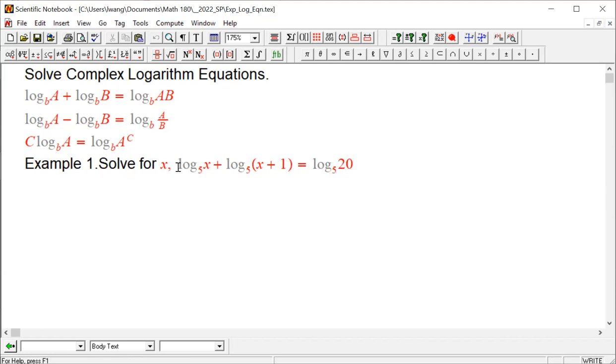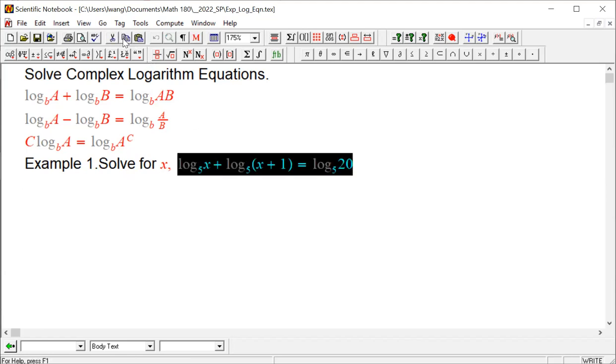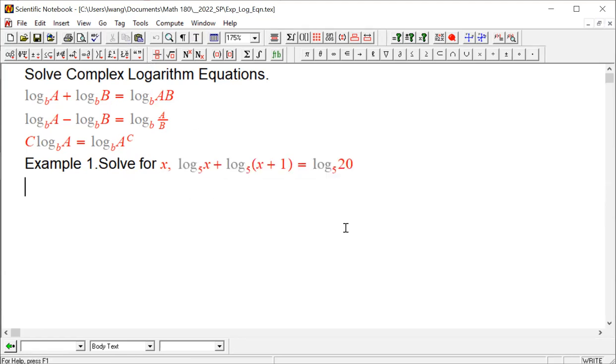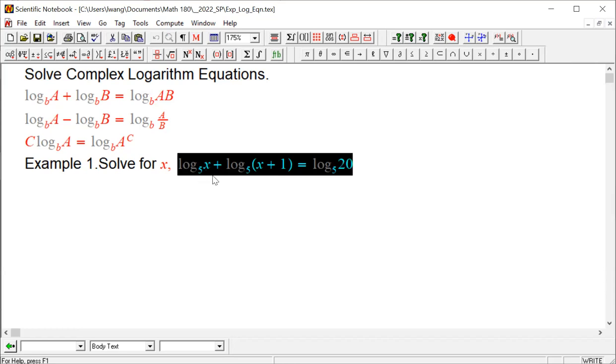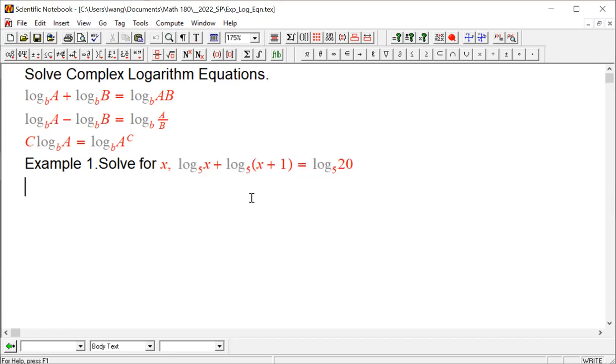To solve it, let's think of how to do it. This means that if this is true, we'd like to make a single logarithm on one side.